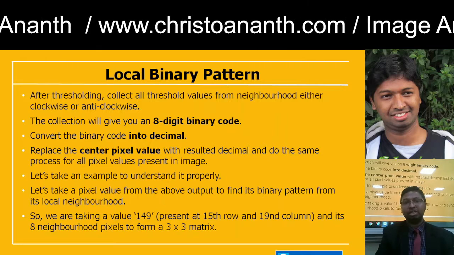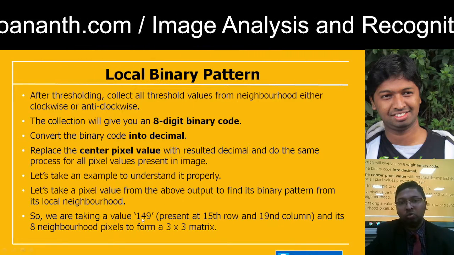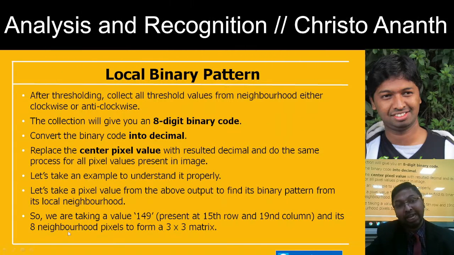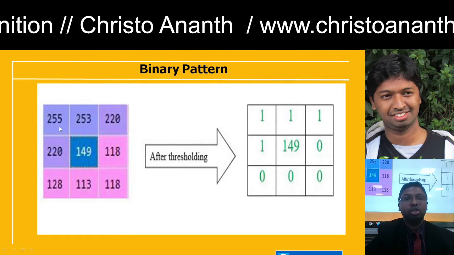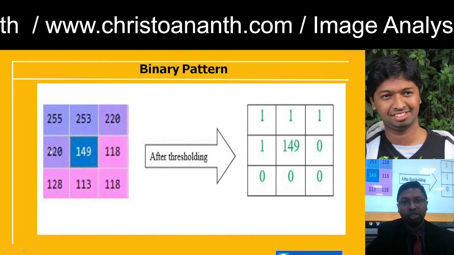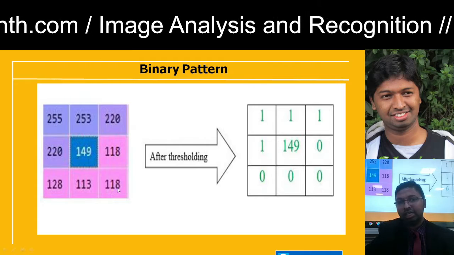So maybe we will try to understand. We are taking a value 149 and its corresponding 8 neighborhood pixels to form a 3 cross 3 matrix. For example, 255, 253, 220, 220, 118, 128, 113, 118.